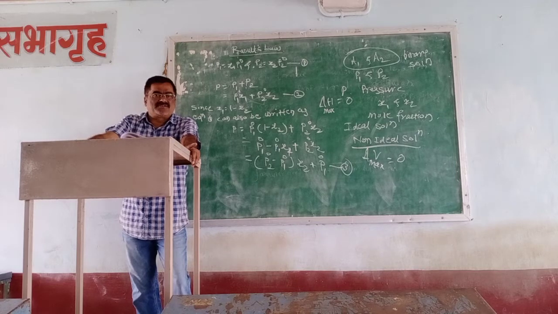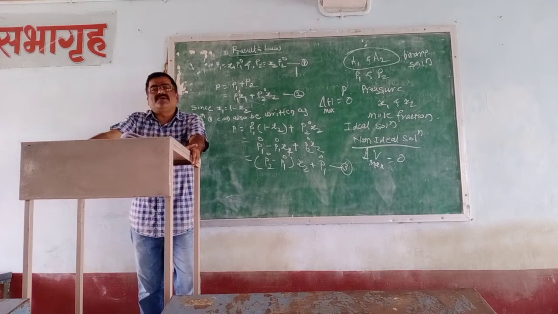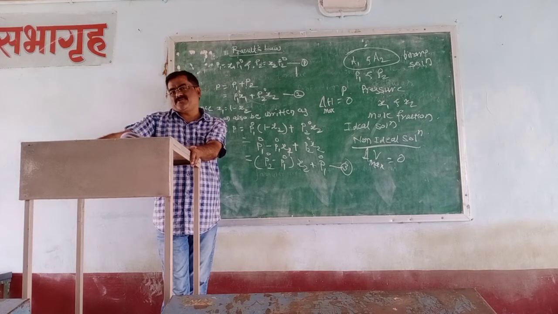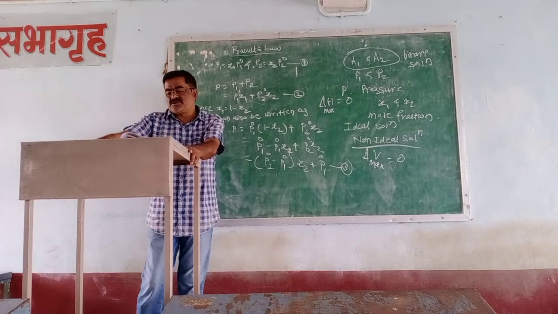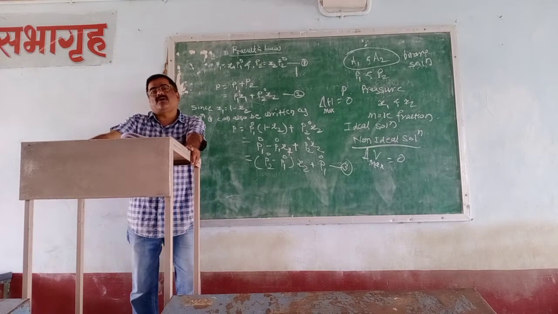On the other hand, when we talk about non-ideal solutions, these solutions do not obey Raoult's law over the entire range of concentration. The vapor pressure of these solutions can be higher or lower than those of the pure components.